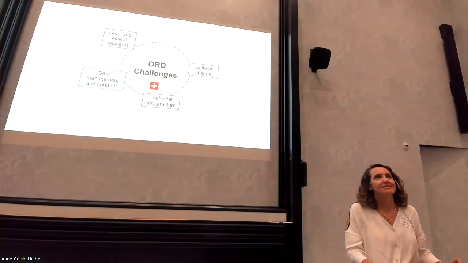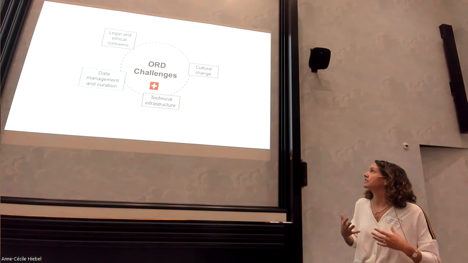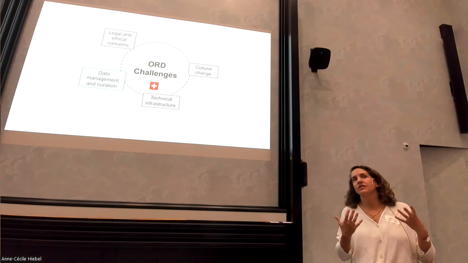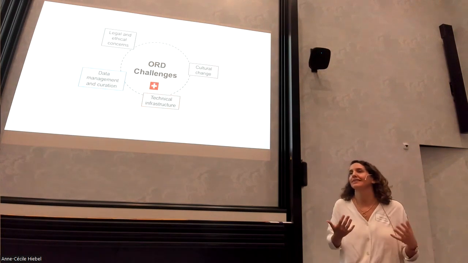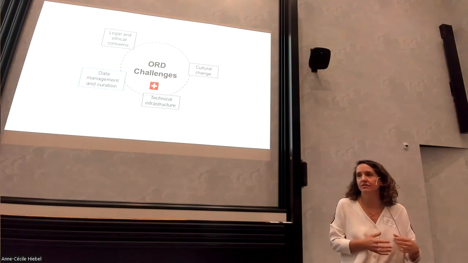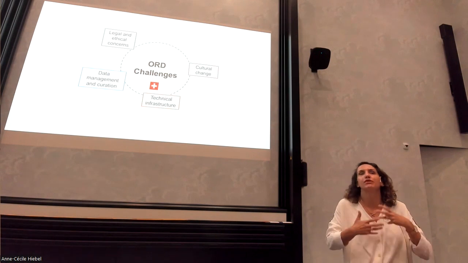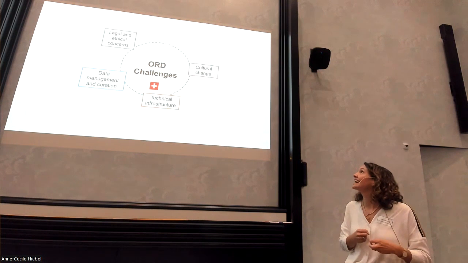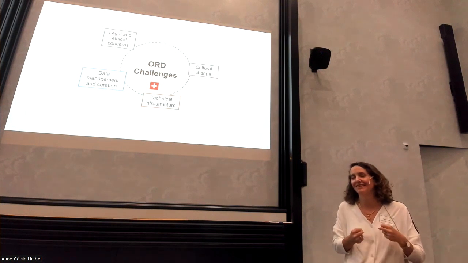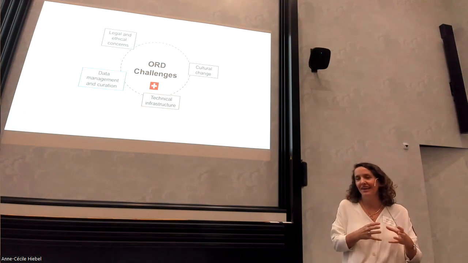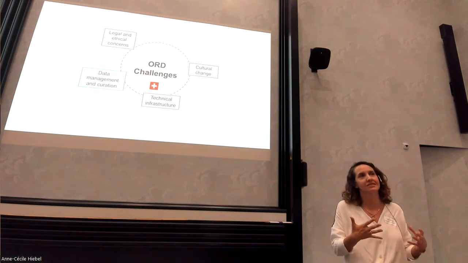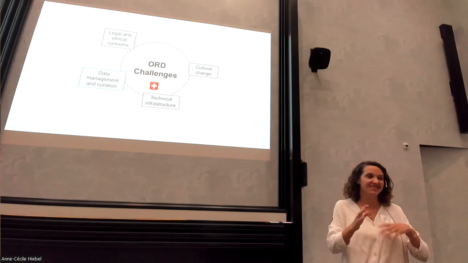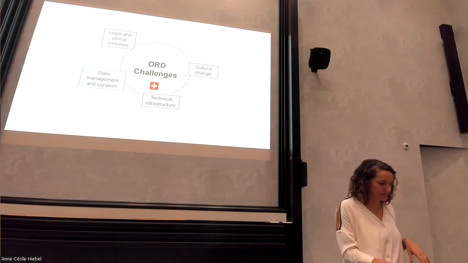So another challenge is cultural change, and sometimes researchers are not keen to share the data because they are afraid that others can copy their research or misinterpret the data. Also, I would say the age of the researchers helps a lot. Younger researchers are more keen to share data or to learn how to do it, while older researchers are more hesitant.